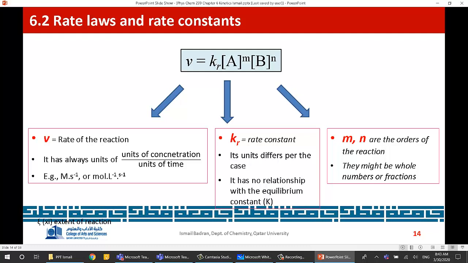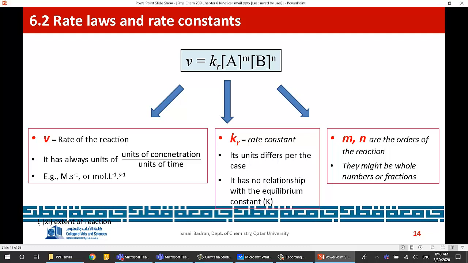Now what is this Kr here? This is a new thing for us. Kr here is called the rate constant of the reaction. Now it has different units. This is nothing to do with the equilibrium constant. That's why I was always telling you that there's something called capital K, which is the equilibrium constant, the one we studied in the previous chapter. And now we have the small k, and we call it a rate constant.